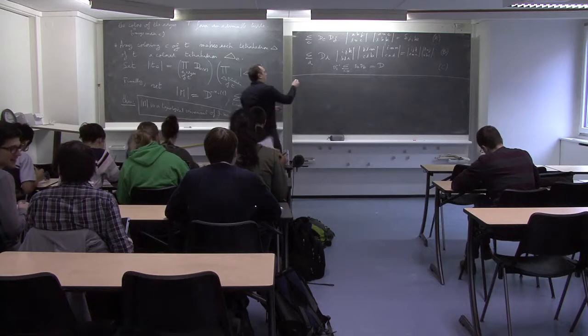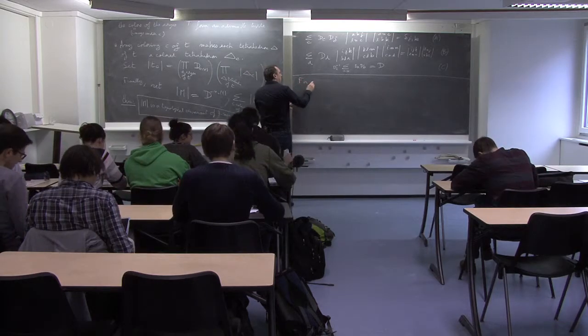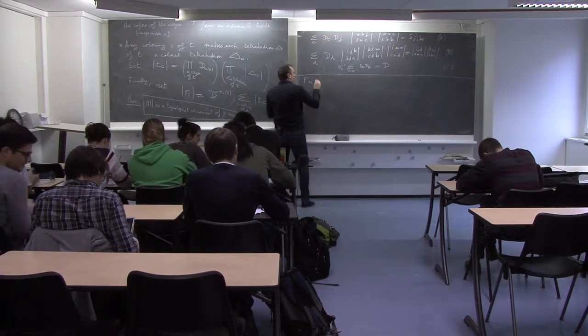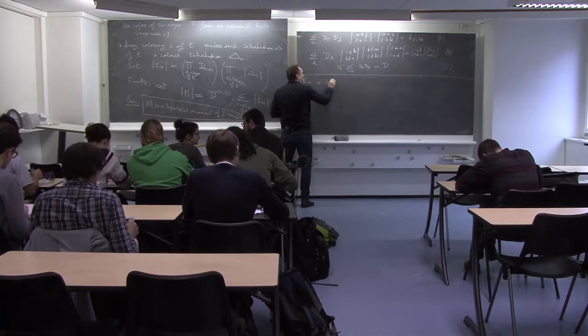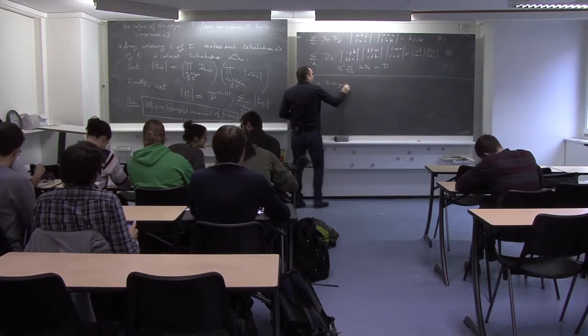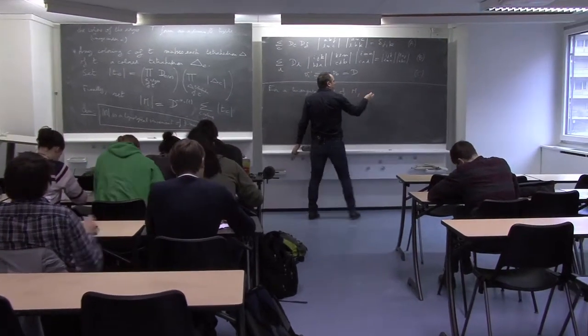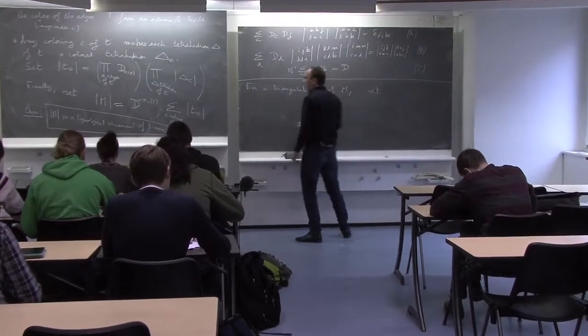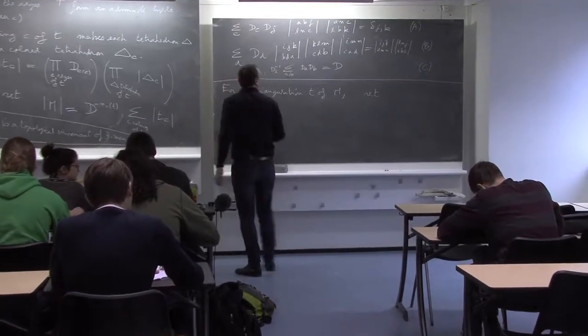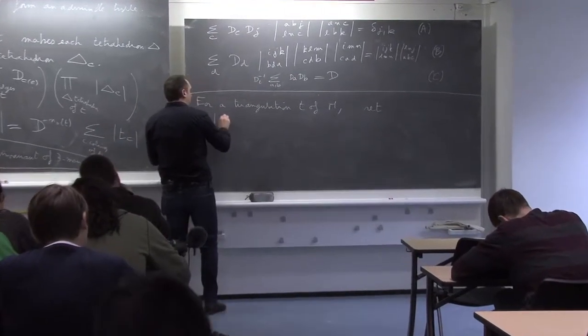So now if we have a triangulation T of M, we denote this sum like this.